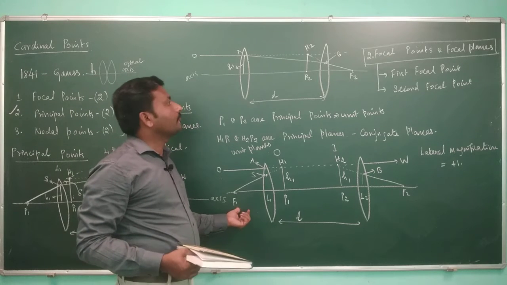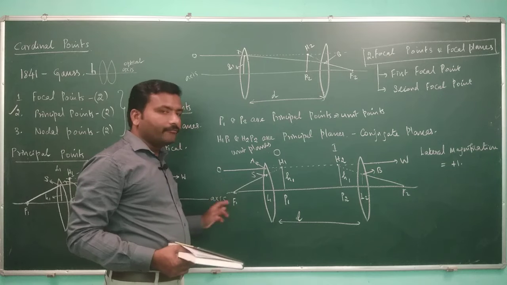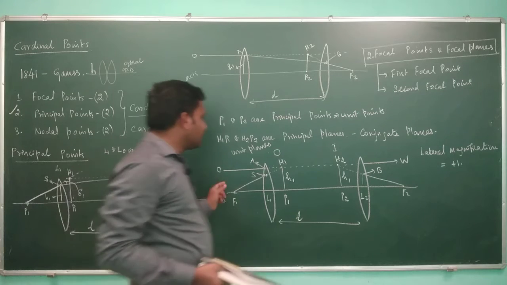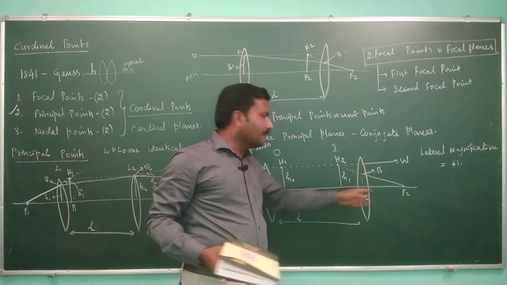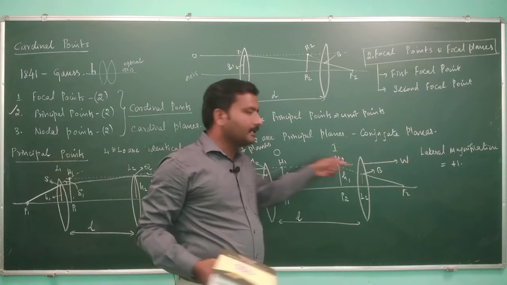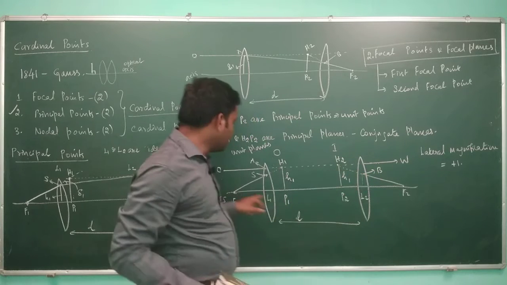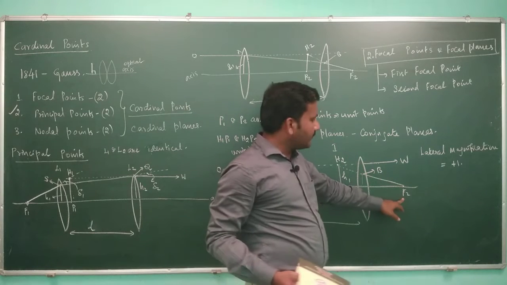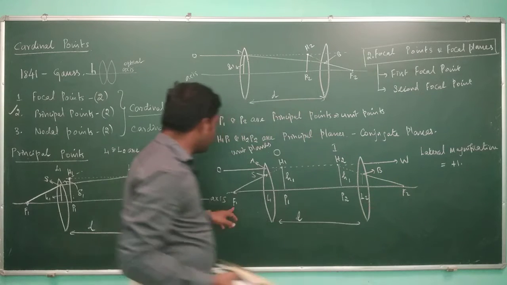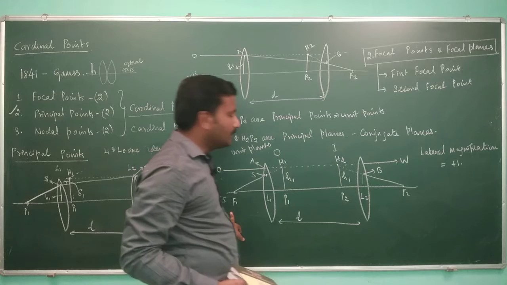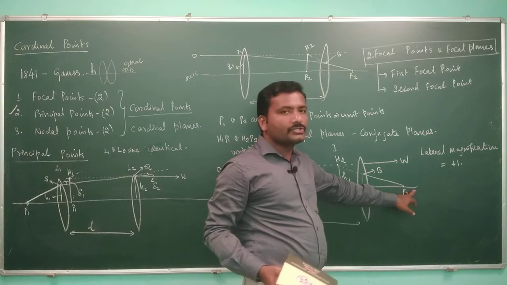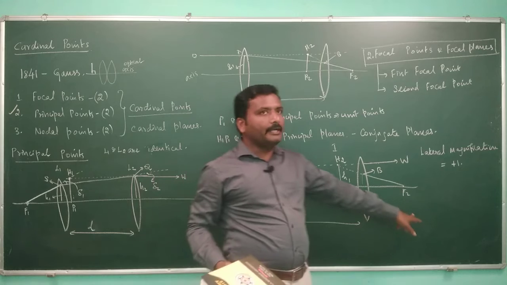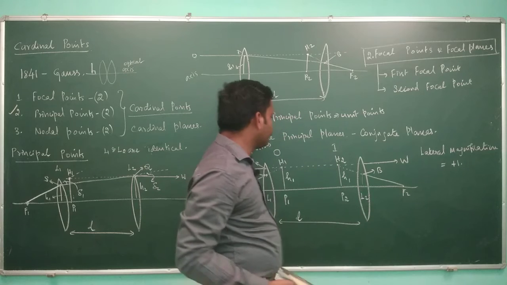The first focal point is a point from which, if a light ray originated, it will travel parallel to the optical axis after being refracted in the optical system. So that point is the first focal point. The first focal point is denoted by F1, and the second focal point lies here, which is denoted by F2.